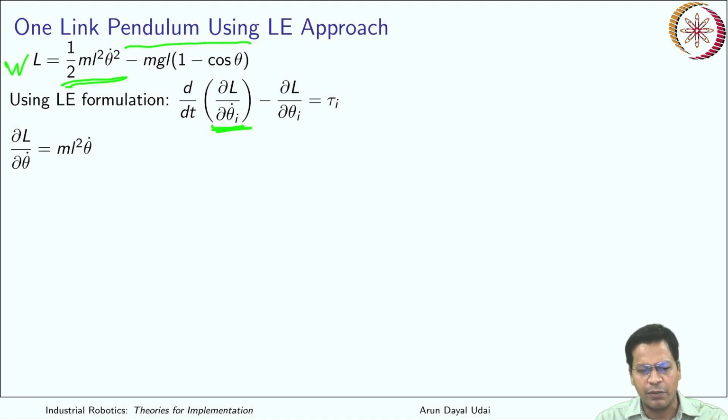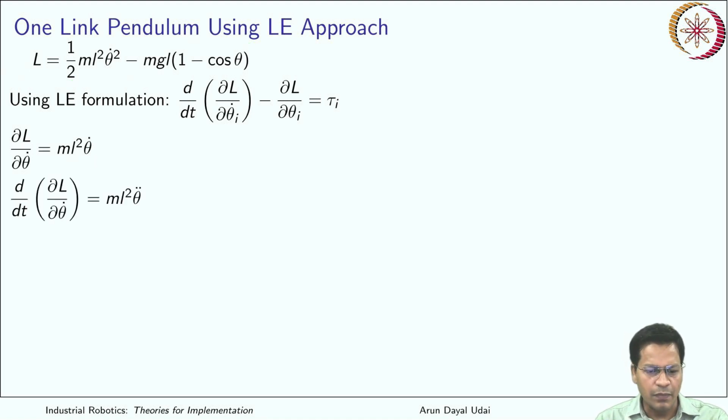If you take the derivative, it becomes 2 times theta dot, so you can strike off 2 from numerator and denominator, and finally you reach here. Taking the time derivative of that gives you m l square theta double dot. So this is quite trivial, you know it.